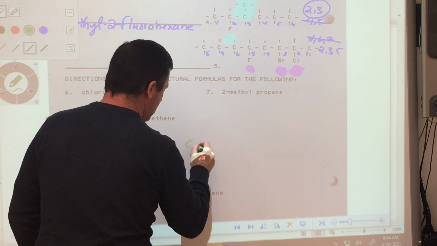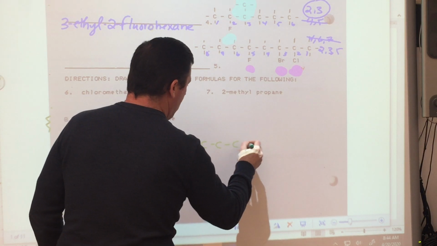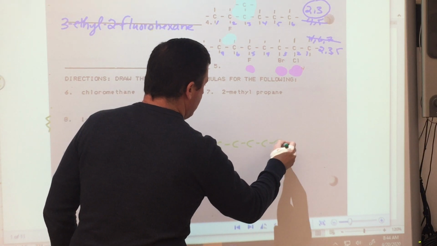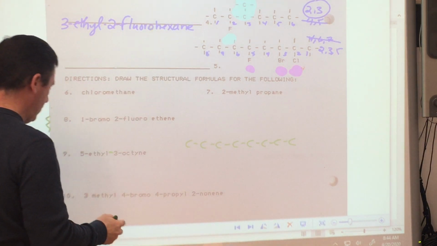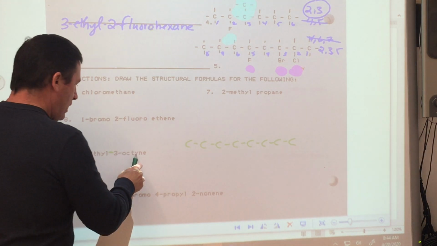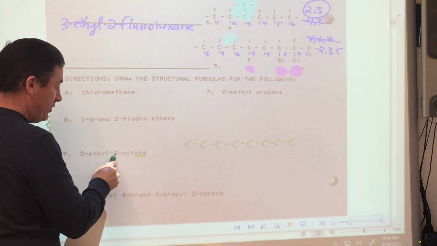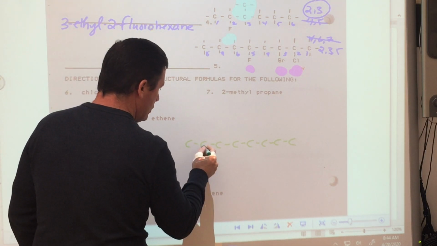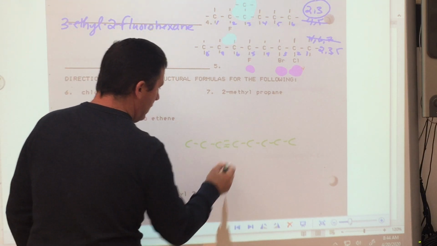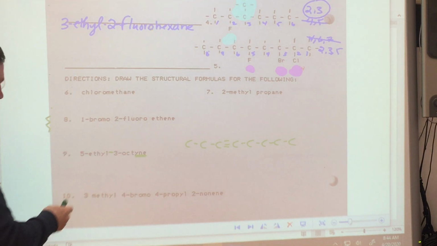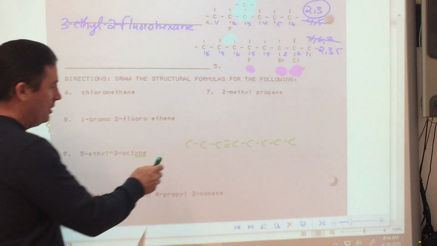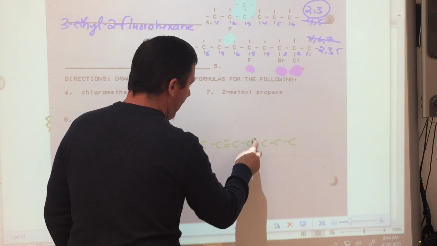So, 8, 1, 2, 3, 4, 5, 6, 7, and 8. Yne. Well, that tells me there's a triple bond. And then 3 tells me where it is. So 1, 2, 3. I've got a triple bond here. Takes care of that. Now 5-ethyl. So 1, 2, 3, 4, 5.